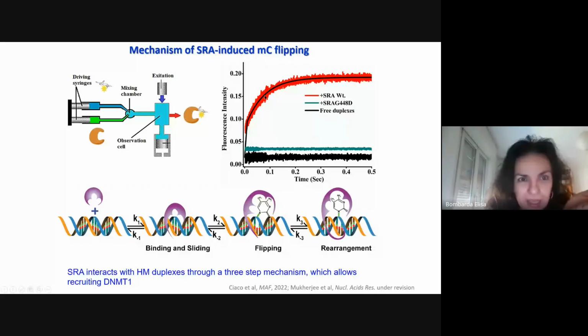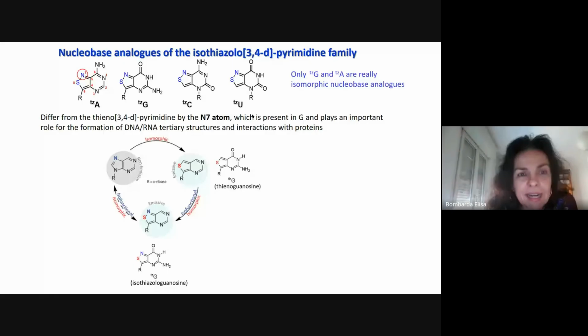When I say rapid mixing, it is in the millisecond range, which is definitely much faster than what we can do if we just pipette in a cuvette and shake for mixing.